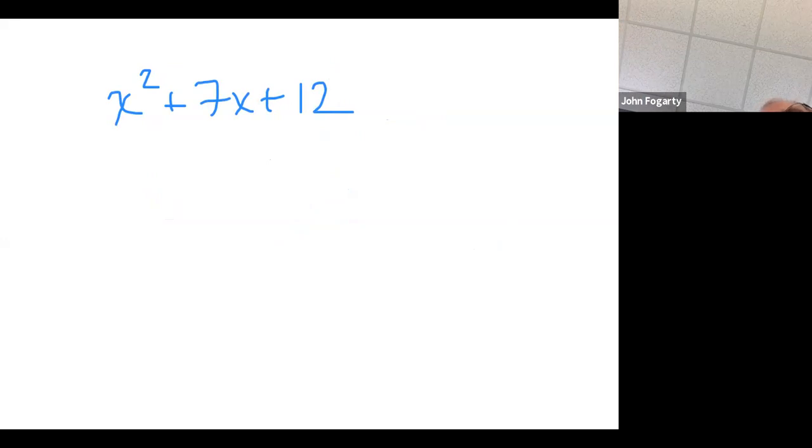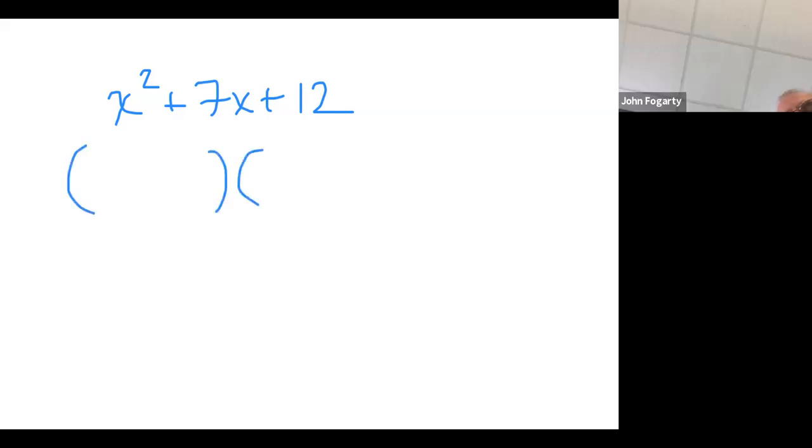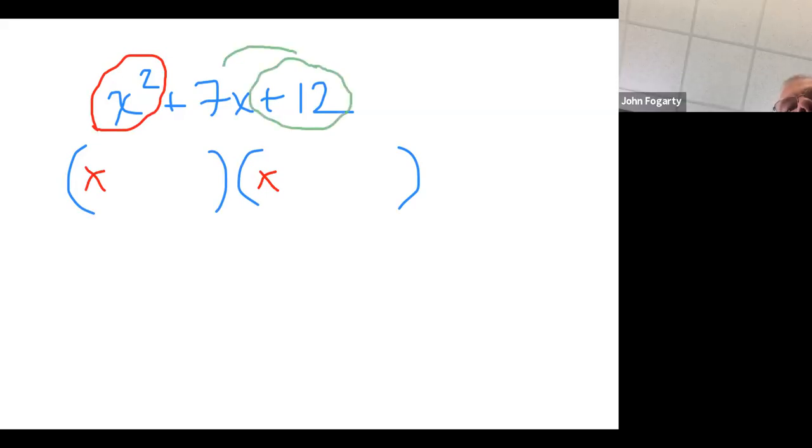I have what we call a quadratic trinomial, so I know that when I factor it, I'm going to get two binomials. The first term of each is simply the square root of that. What's the square root of x squared? X and x. Now, the second term of each, including its sign, is simply the factors of the constant that add up to 7.